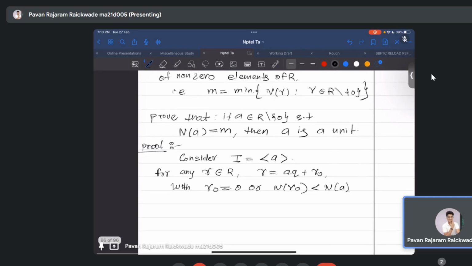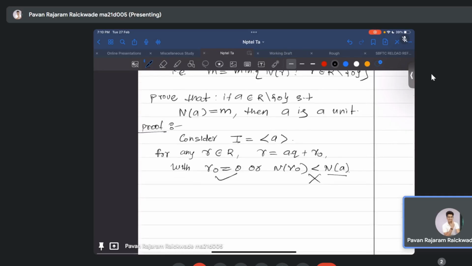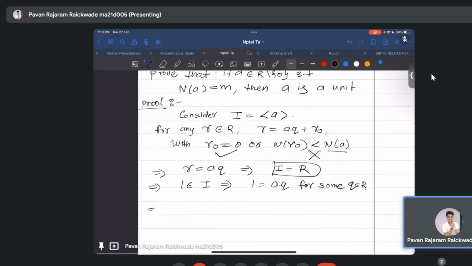But as we saw earlier, the latter is not possible since N(a) is the minimum of all norms of non-zero elements. So the only possible case is r equals a times q. So what does it mean? I equals the whole ring R, which implies 1 belongs to I, which implies 1 equals a times q for some q in R. This implies a is a unit.